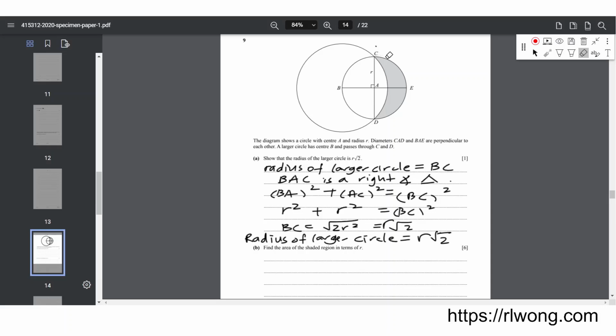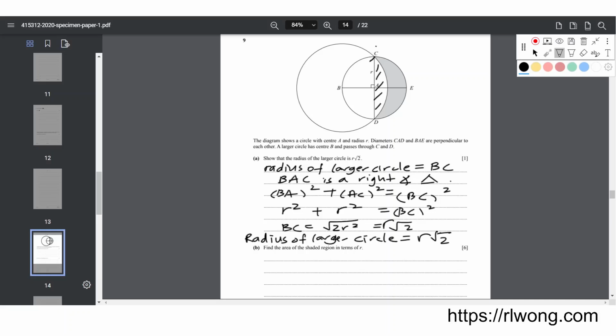I need to find this area here, and it is basically the area of this semicircle here, minus this area here, right? Agree? Okay.